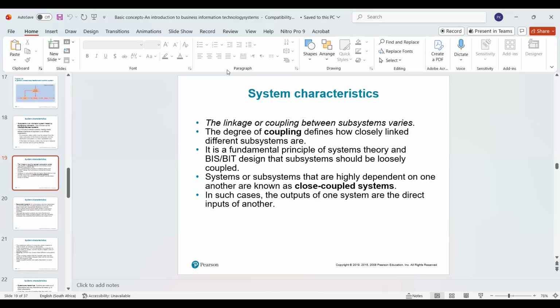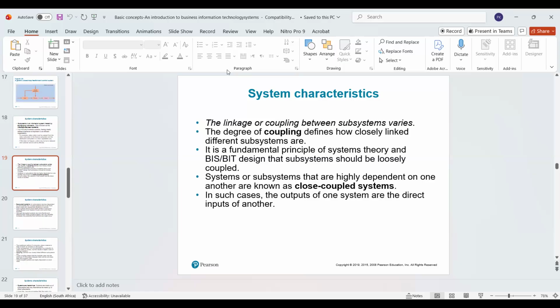There are some relationships in normal life where you don't really know whether they are in a relationship or it's open. Some people write on their status, open relationship, like there's no boundaries. So that is what we are trying to describe here: the linkage, the coupling between subsystems, varies.